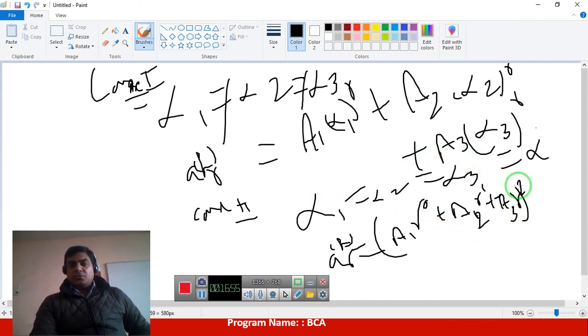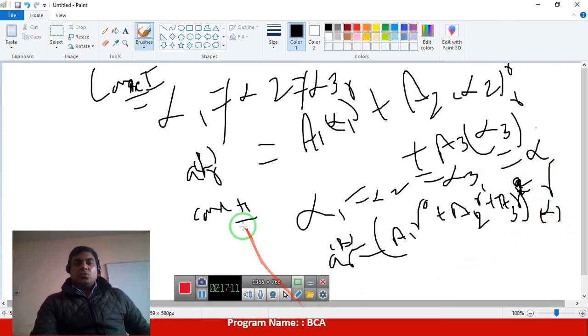This value should always be 1 less than the total number of roots. The total number of roots is 3, so it should be only 2 here, and the root to the power r, root to the power r.